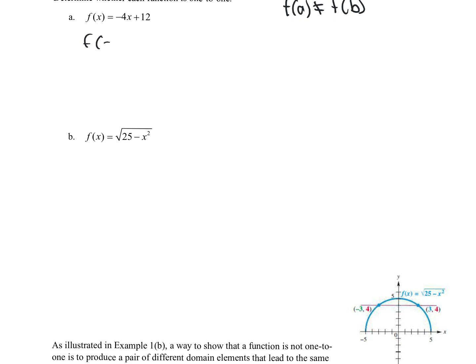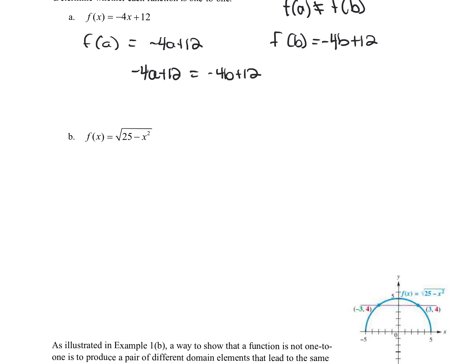I'm going to find f of a. f of a is equal to negative 4a plus 12. And then f of b is equal to negative 4b plus 12. And we're going to set them equal. Negative 4a plus 12 equals negative 4b plus 12. If you move everything to one side, these 12s are going to cancel off. So you get negative 4a equals negative 4b.